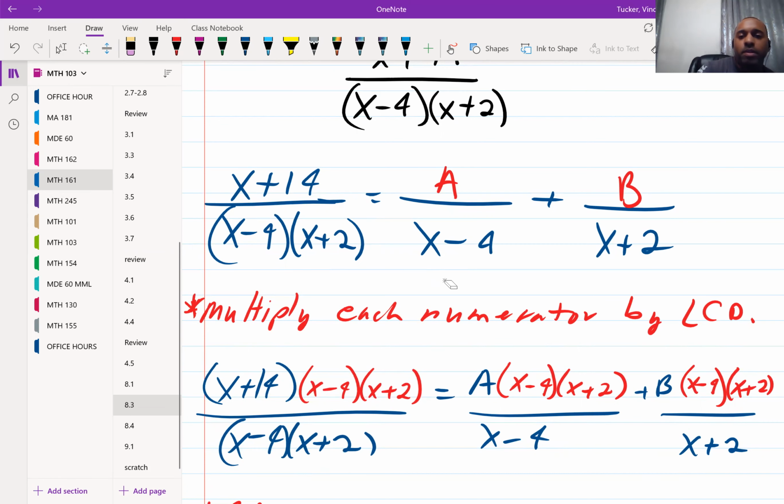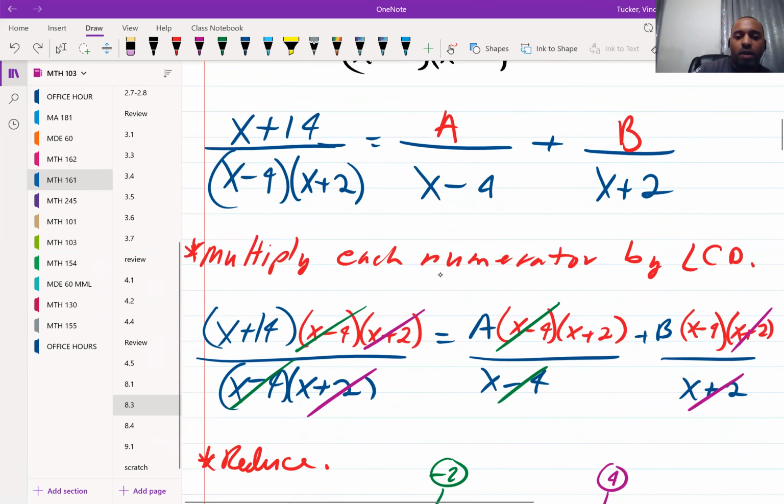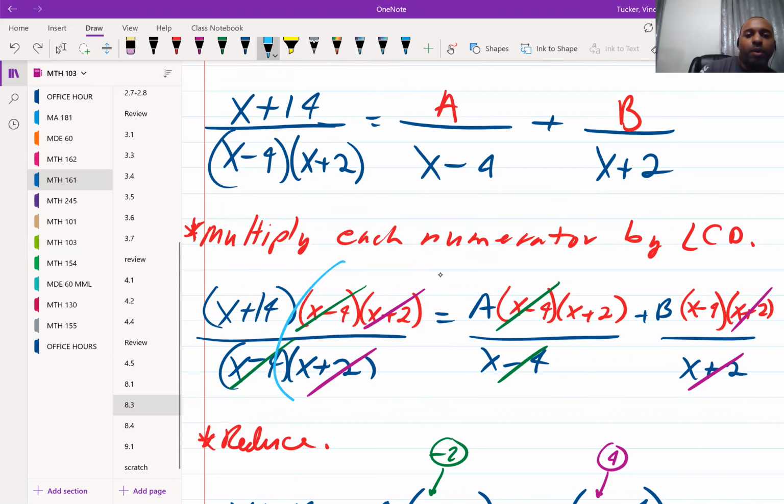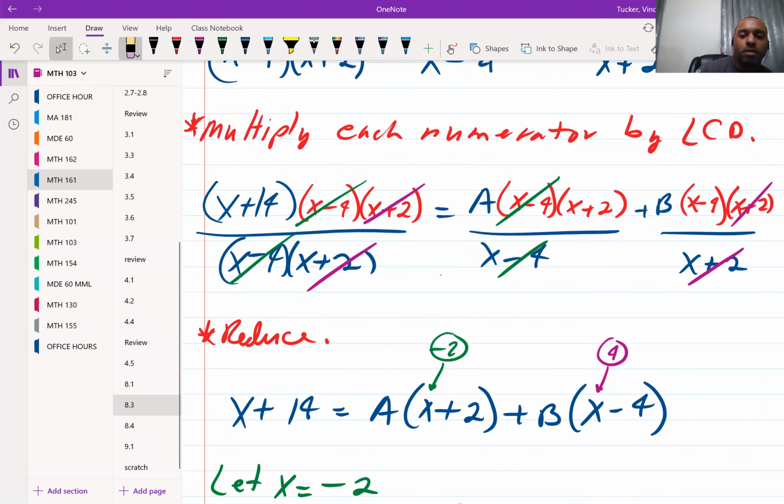The next move would be for us to reduce. Notice that both of these cancel in the first term. x minus 4 cancels here, x plus 2 cancels here, and that will leave us with x plus 14 equal to A times x plus 2 plus B times x minus 4.